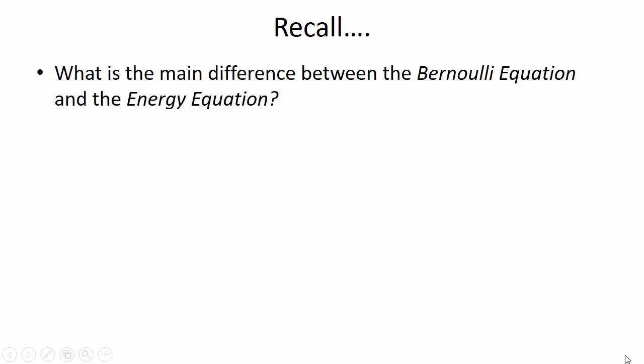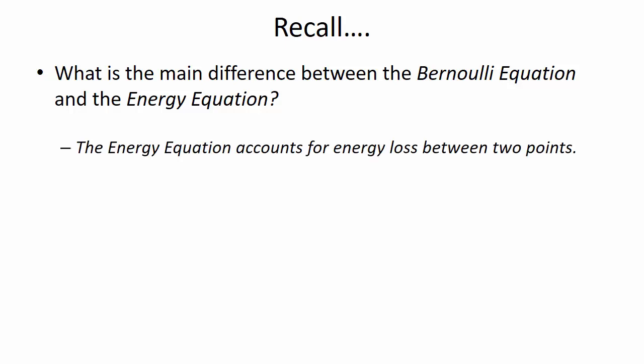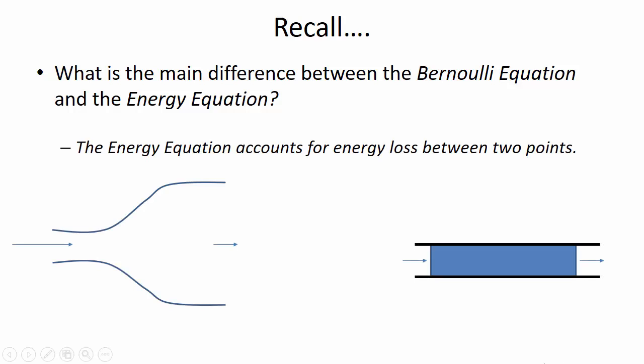Okay, remember last semester we would compare and contrast Bernoulli's equation versus the energy equation. And in chapter 5, you would see Bernoulli equation used for a pipe where you have an expanding section, where fast velocity flow is transitioning to slow velocity flow because of a rapid expansion in the pipe diameter. And where we would use Bernoulli's equation would be between 2 points that aren't very far apart.